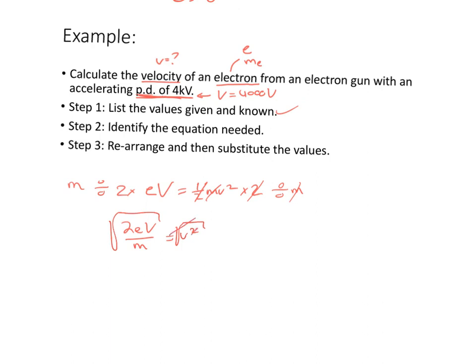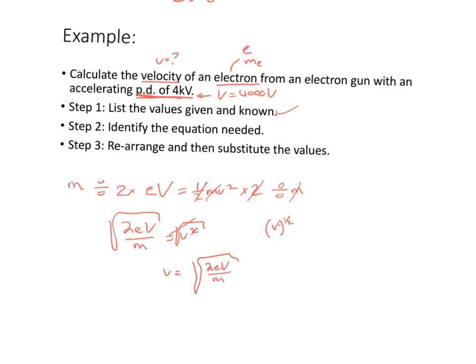This cancels with this. Remember that square root is the same thing as the power of a half, and when you multiply the two powers, it comes to V to the power of 1, which is V. So then the velocity is the square root of 2EV over M.